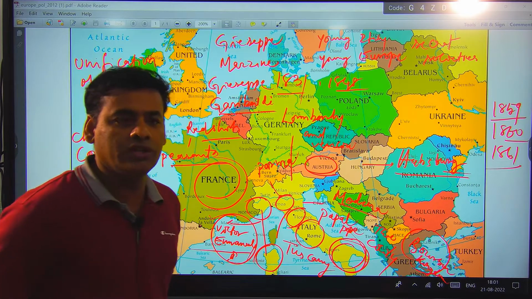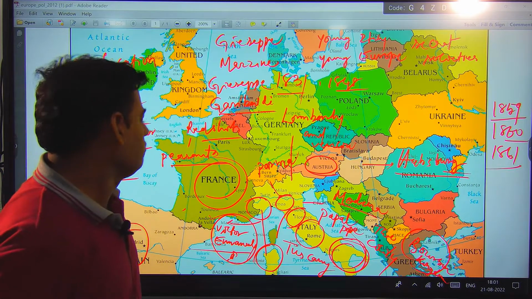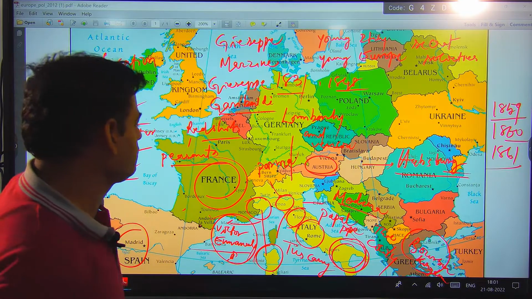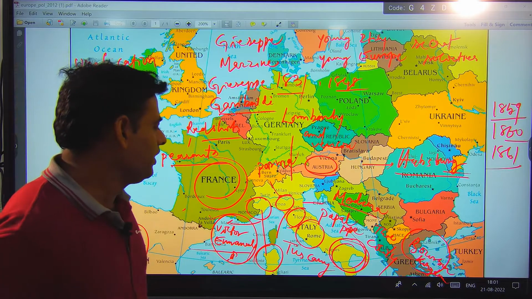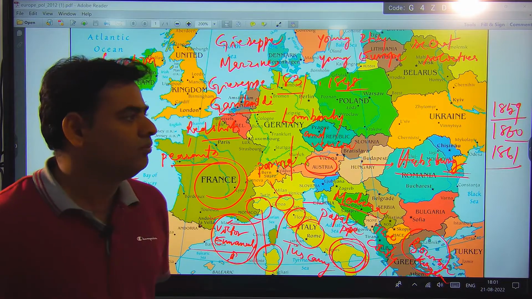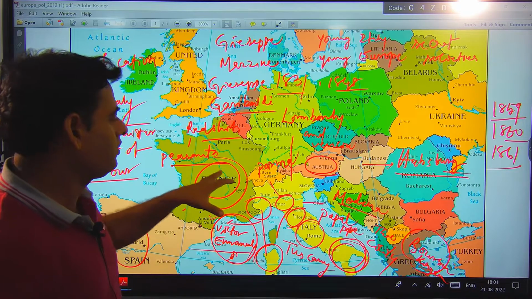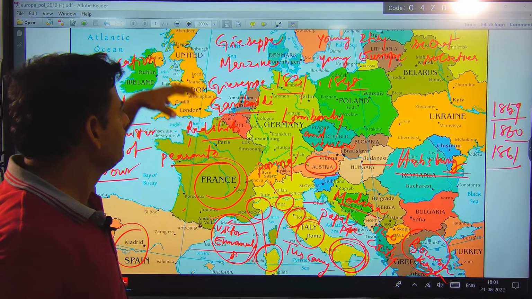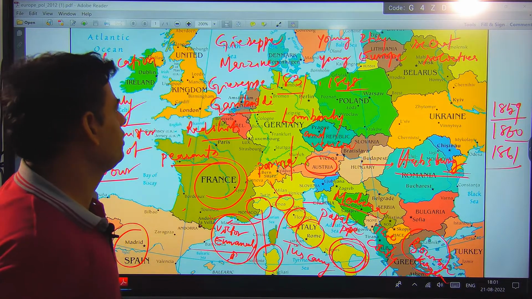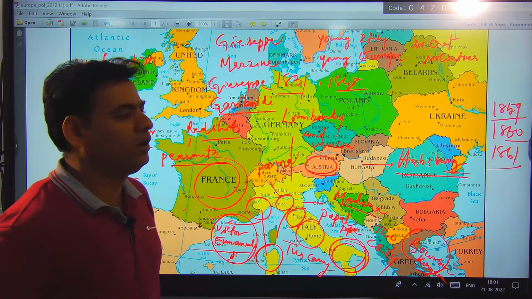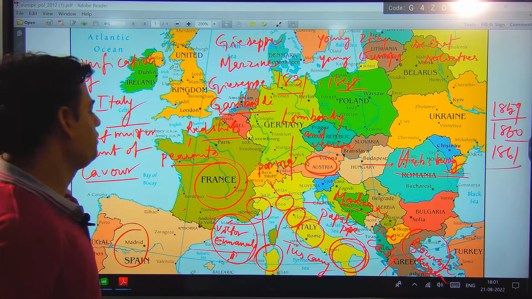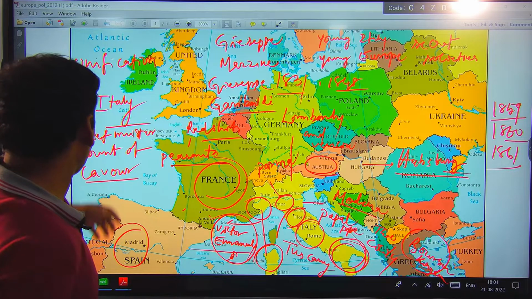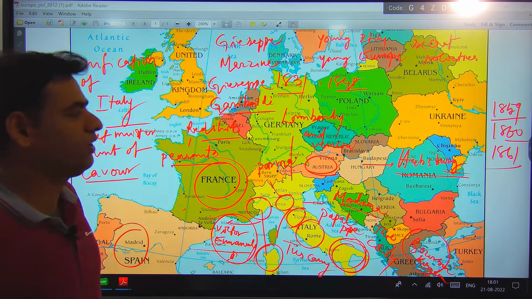The funniest thing is, we know it is all part of nationalism, liberal nationalism that started in France, but when it comes to Italian unification, more than nationalism, more than liberal nationalism, what really helped is a few individuals like Giuseppe Mazzini, Giuseppe Garibaldi, and then the very shrewd, able administrator and politician, Count of Cavour, the chief minister of Victor Emmanuel.